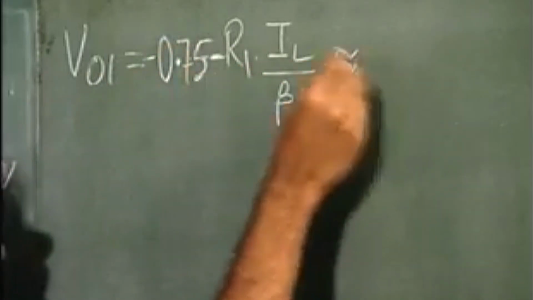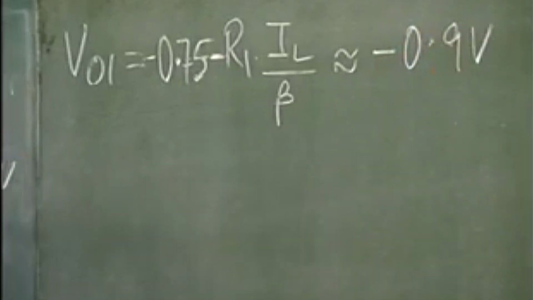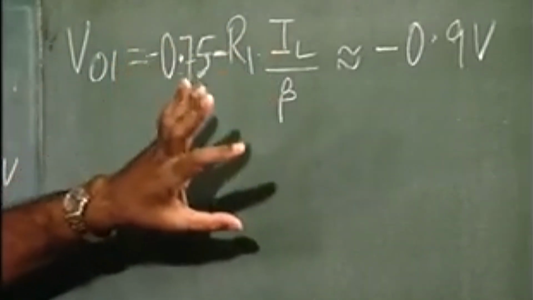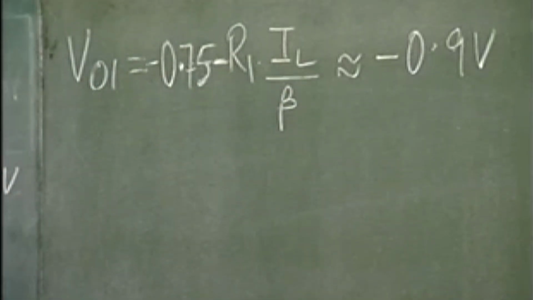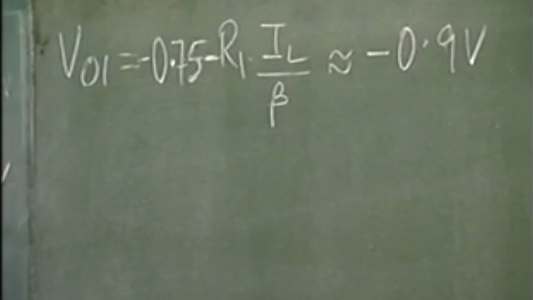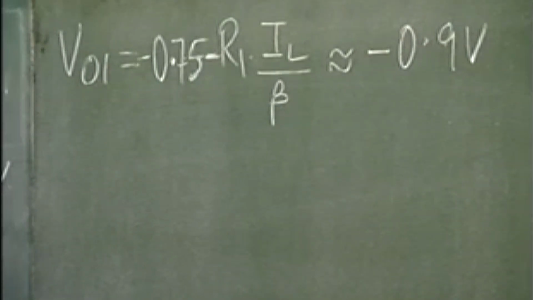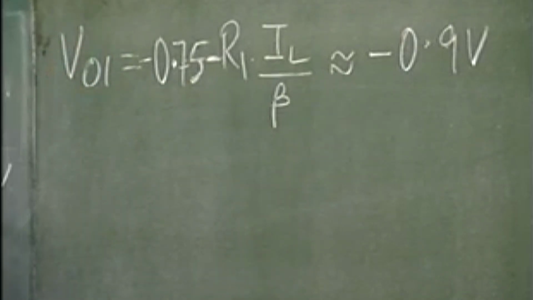So let us assume this is minus 0.9 volts. Just an assumption, that the value of IL is such that this drop is 0.15 volts and you have VO1 as minus 0.9 volts. In fact, this has been designed assuming this.